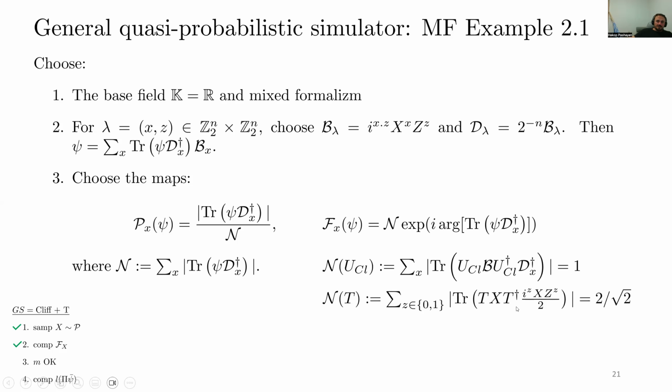But T gates will cost you a little bit. A T gate will take a Pauli X to 1 on root 2 times X plus Y. So you get 2 Pauli operators that overlap and give you a factor of 1 on root 2 each, and you get this root 2 factor. And so the performance isn't great on T gates.